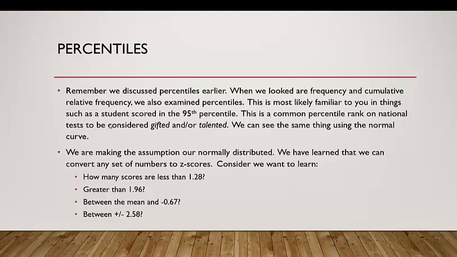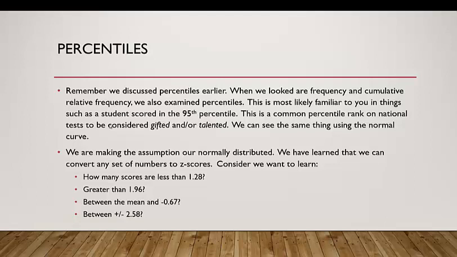So now that we're talking about the curve, let's talk about percentiles. So remember, we discussed percentiles a little bit earlier in the beginning of some of the coursework, I think in Module 2. When we looked at frequency and cumulative relative frequency, we also examined percentiles. So this is most likely familiar to you in things such as students who score in the 95th percentile.